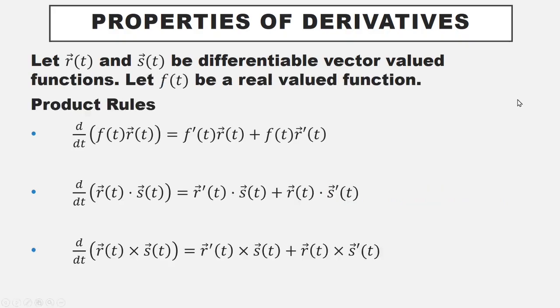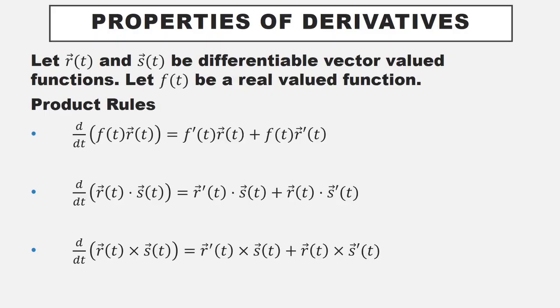Another derivative rule that we had with functions on real numbers was our product rule. Now, this is going to be an interesting thing because when we have a vector valued function, we can take three different kinds of products.